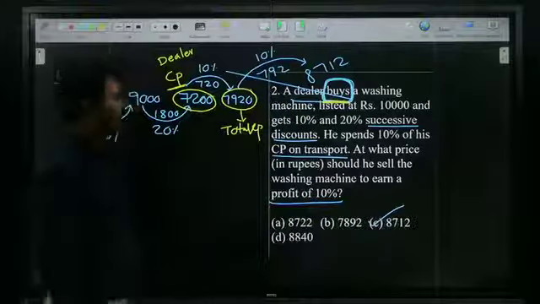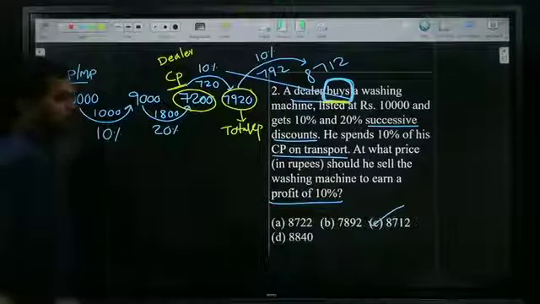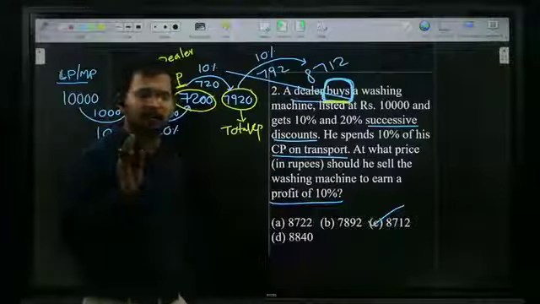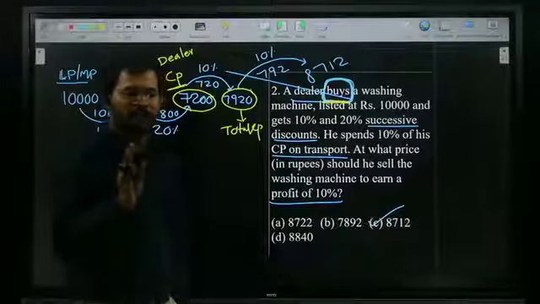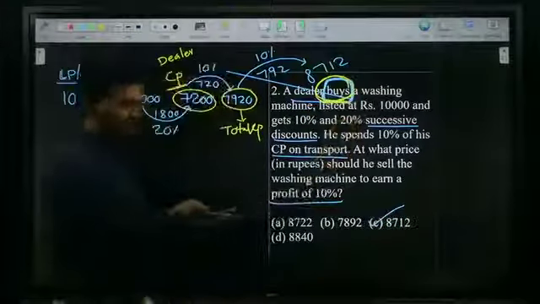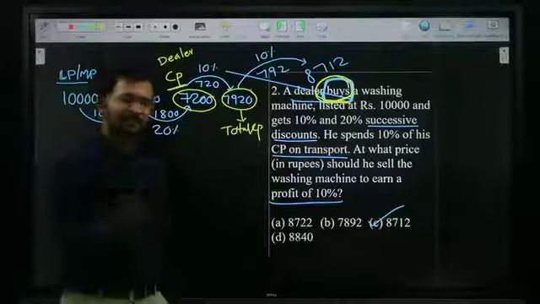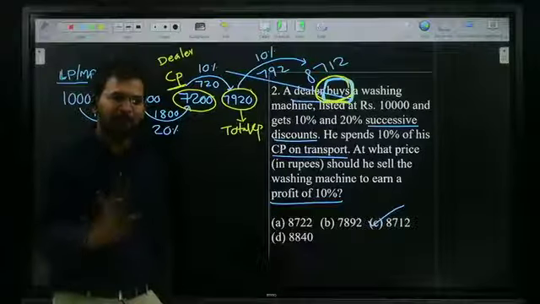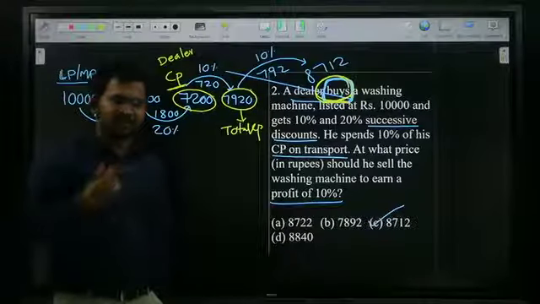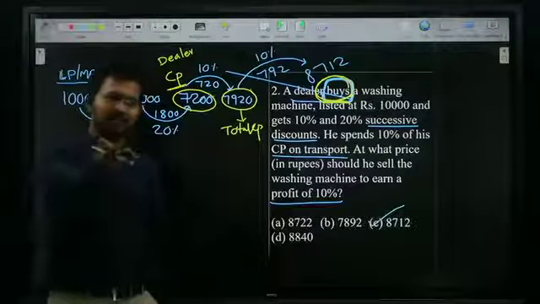Here, the dealer is purchasing from the wholesale market. Try to read the question, Swapna. The dealer is buying, not selling. Whenever the dealer is buying, that is CP, not SP. If I am selling to the customer, that is selling price.